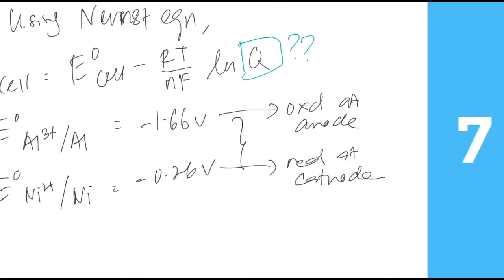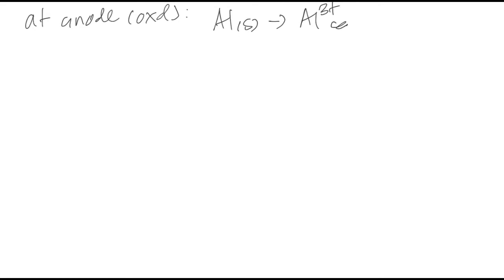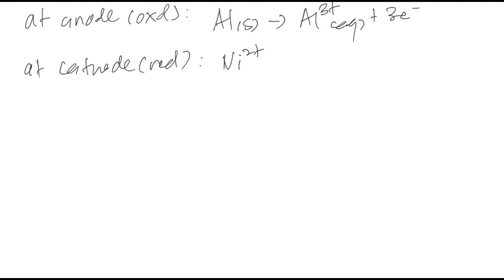Therefore, we get the half equations here. At the anode, where oxidation takes place, aluminium solid is oxidized to Al3+ aqueous plus 3 electrons. At the cathode, reduction: Ni2+ aqueous plus 2 electrons produces nickel solid. Take note here, the electrons are not equal.